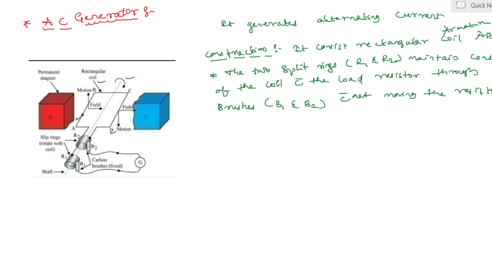The two slip rings, R1 and R2, maintain the contact of the coil with the load resistor through brushes B1 and B2 without moving the resistor. My dear students, let us see how the AC generator works.